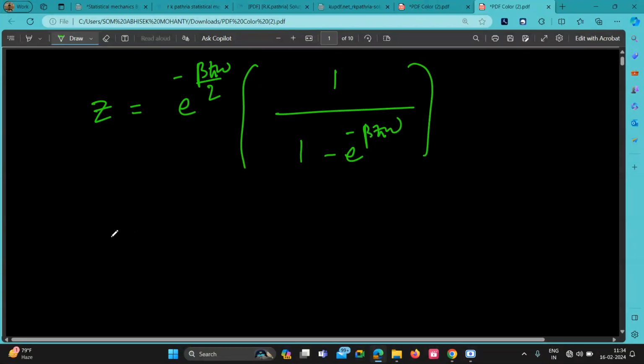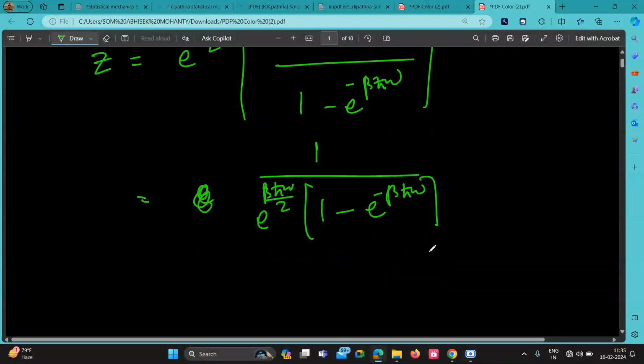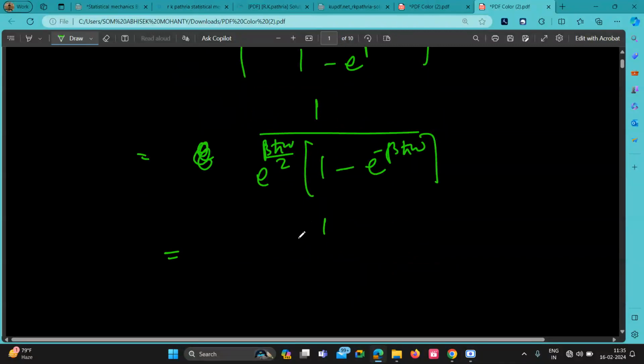Is that all right? Now I can write it as 1 over e to the power βħω by 2 times (1 minus e to the power minus βħω). Now I will just multiply it inside: e to the power βħω by 2 minus e to the power minus βħω by 2, isn't it?